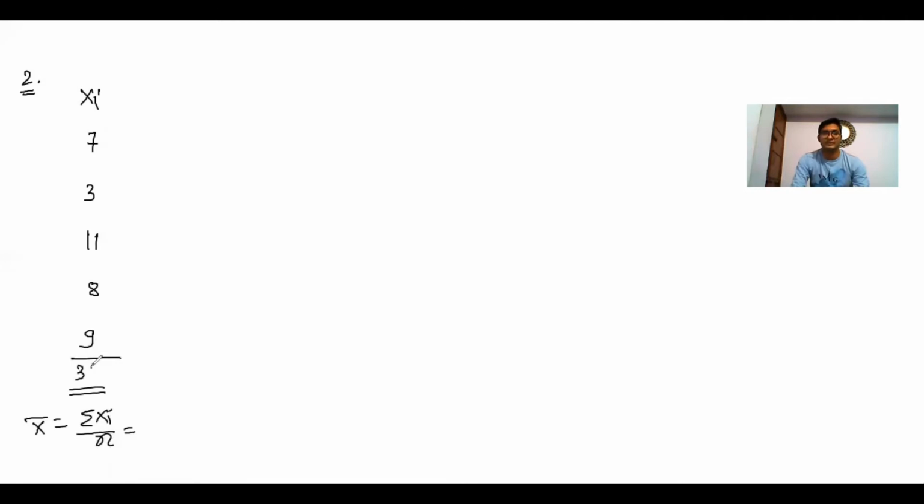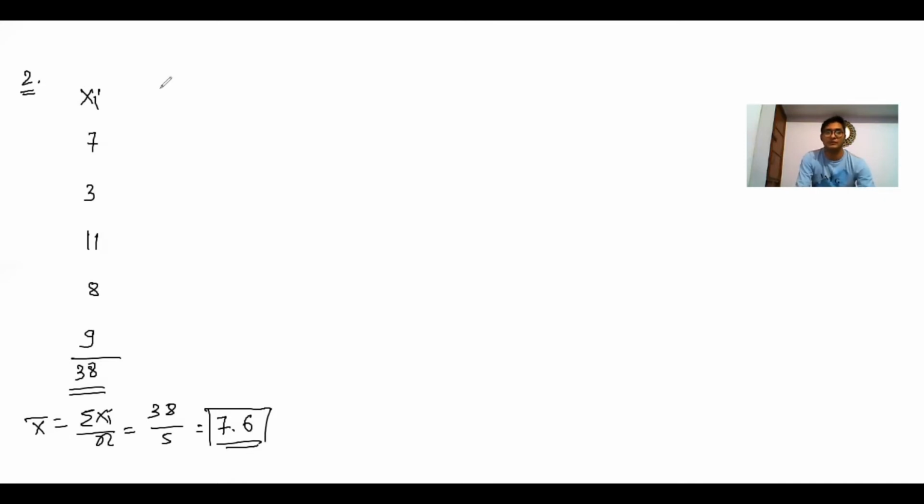Here the total sigma xi is 38, divided by 1, 2, 3, 4, 5, and our answer will be 7.6. This is x bar. Now you can see that the value of x bar is a fraction.